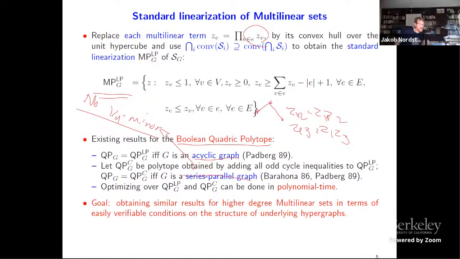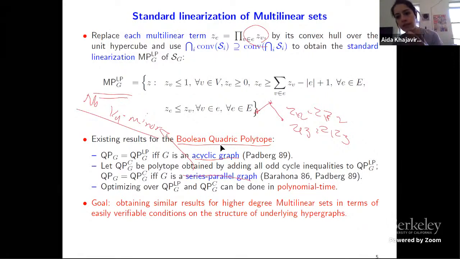No problem. Okay. So again, this was just to motivate you that when we looked at this problem, which is about multilinears of higher degree than 2, there was all this very nice literature on the quadratic case, both in the context of the Boolean quadratic polytope or cut polytope, max cut, all these inequalities, but nothing of a similar flavor for higher degree multilinears.